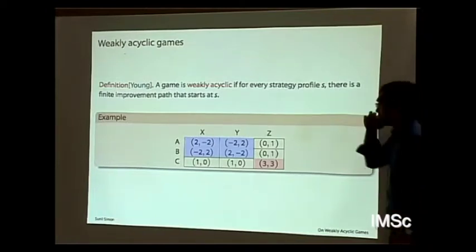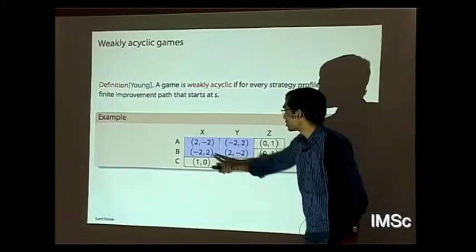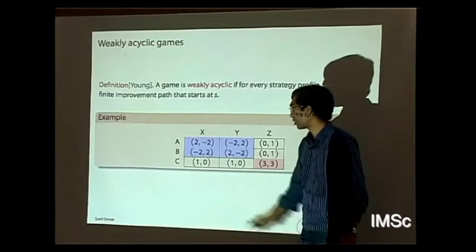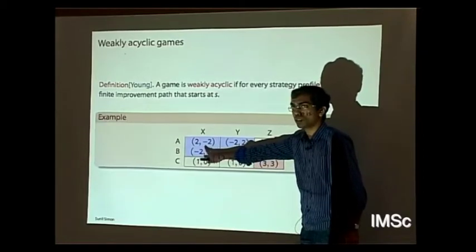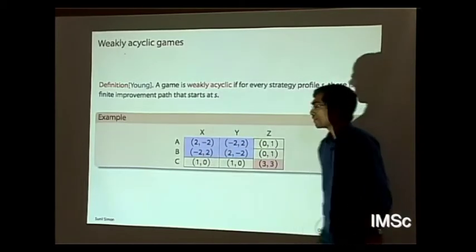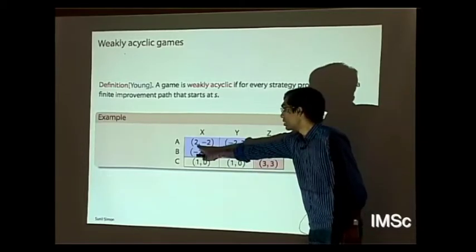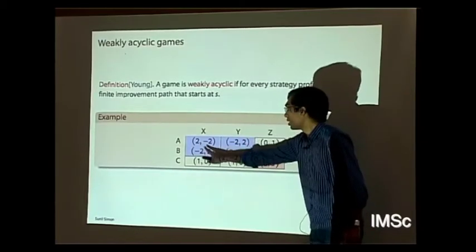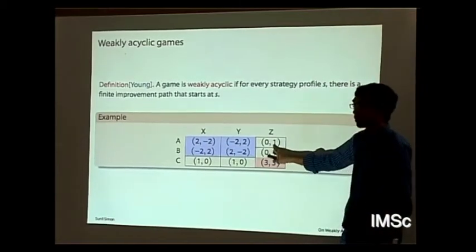So this is an example. This part essentially is a matching pennies game. If you start in this profile and you follow the best response improvement path, then you essentially cycle in this path. But there is a way of escaping this cycle. Let's say you start with this profile and player 2 can improve from -2 to +1.